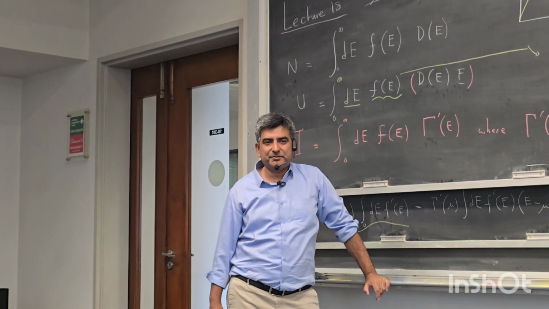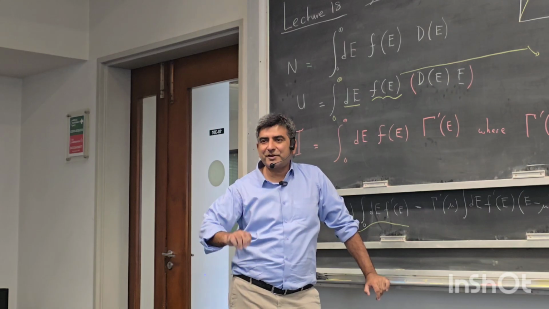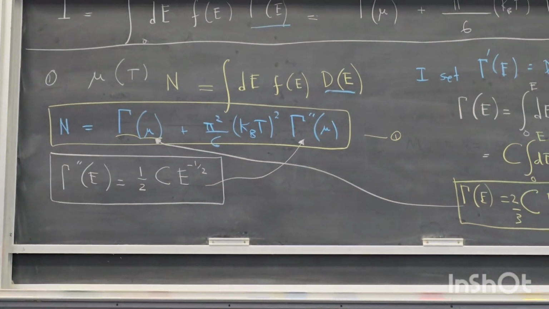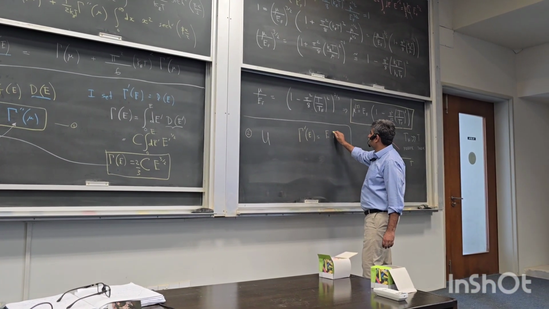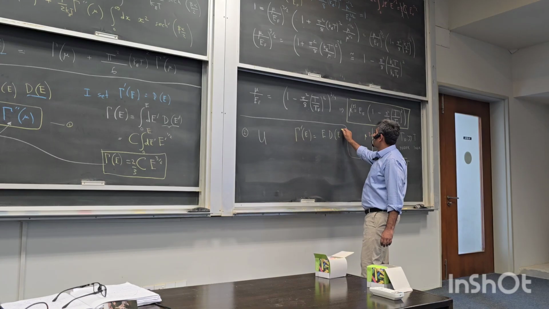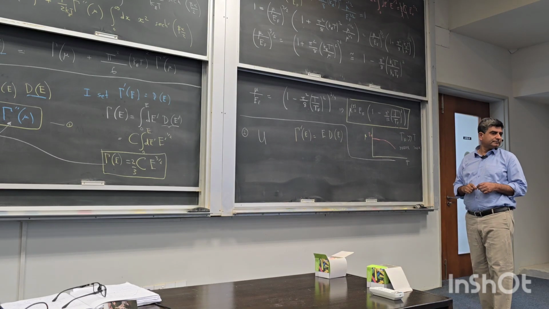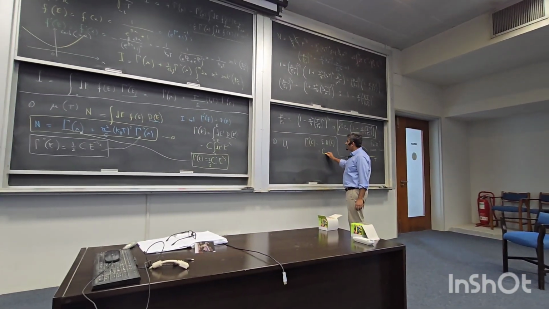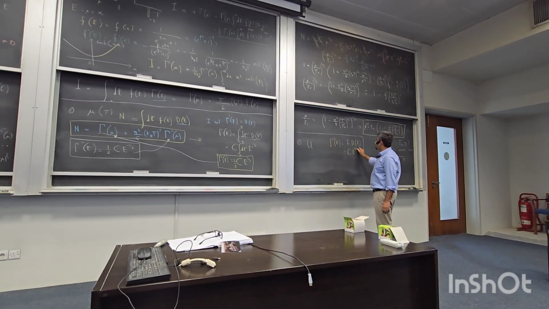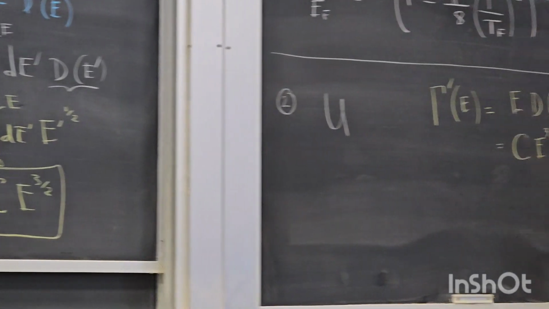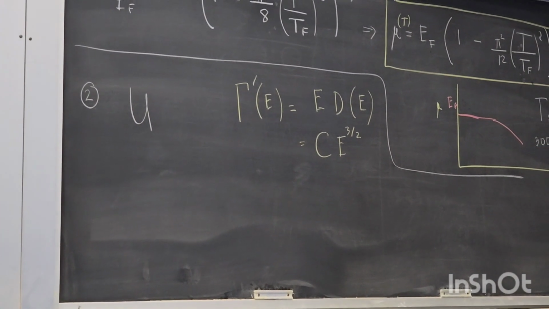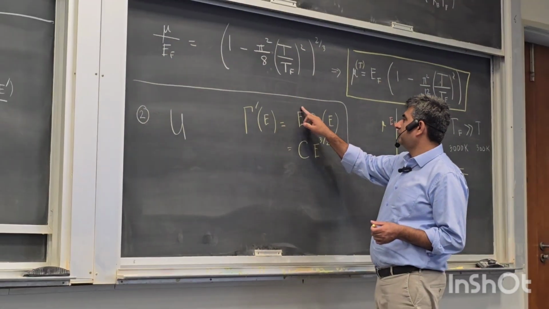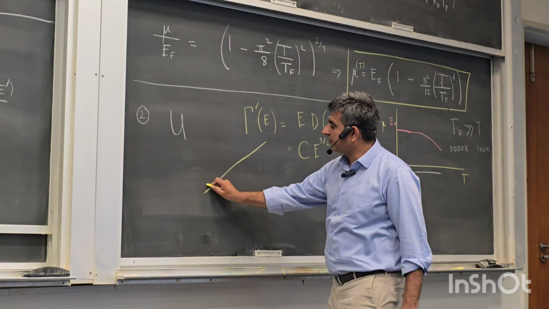Can you start this calculation, please? You need to work more with your hands. So gamma prime equals C E to the power 3/2 dE. Correct? So this is some C, E to the power 3 by 2. From here I can calculate two things.